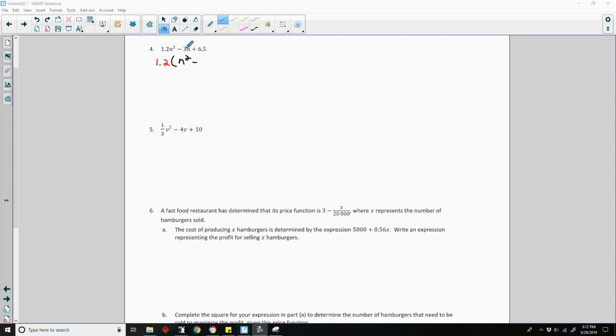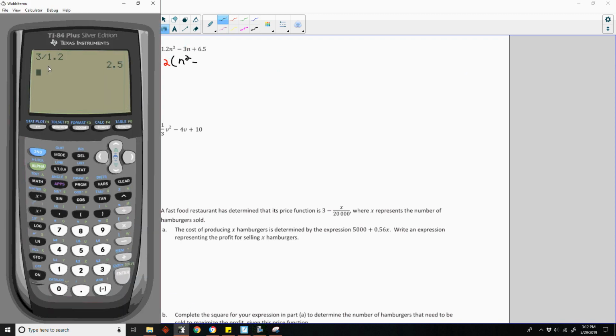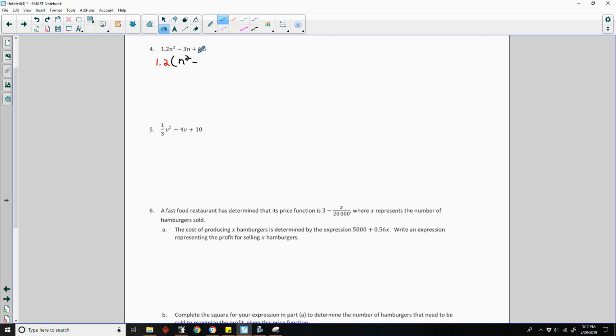Okay, so if I take 3 divided by 1.2, 3 divided by 1.2 is 2.5. So that is going to go here. It's going to be 2.5 n. Leave space. Put plus 6.5 at the end.